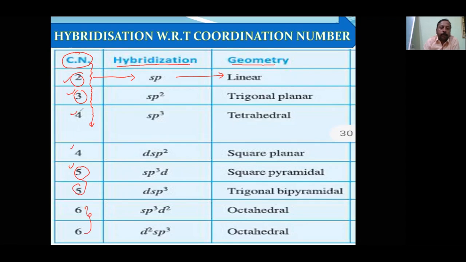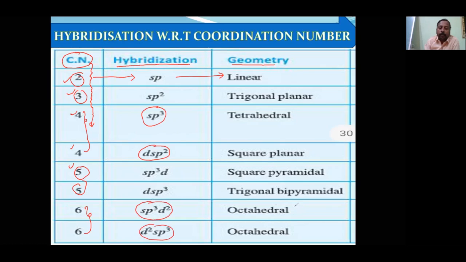When coordination number is 4, what are the options? The hybridization can be dsp2, and it can be sp3. When coordination number is 6, it can be sp3d2 or d2sp3.